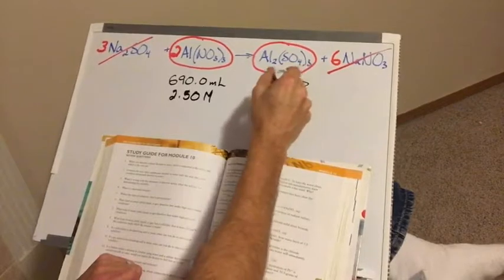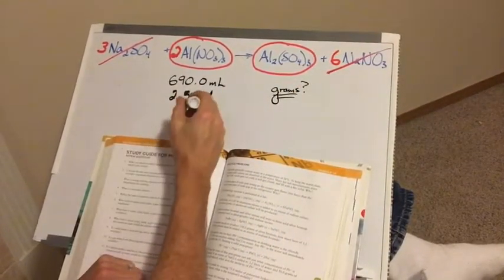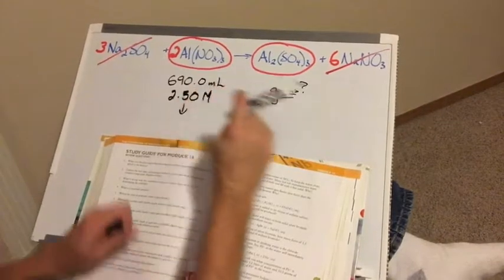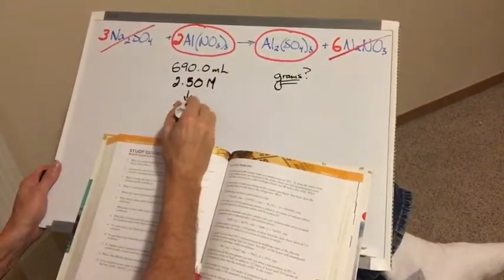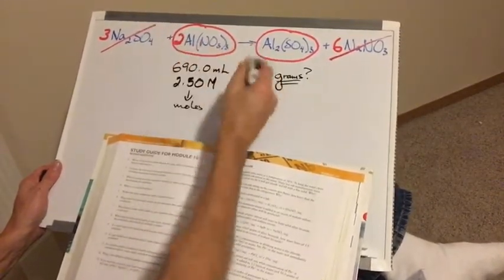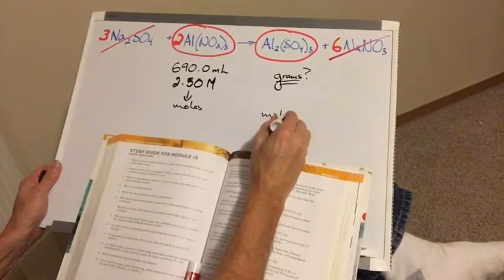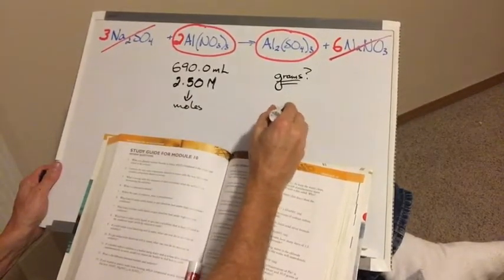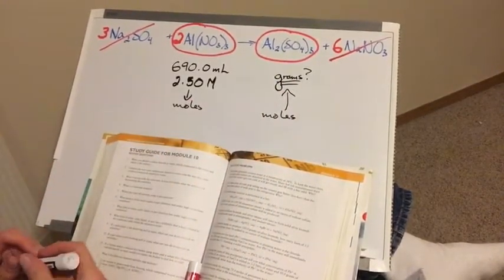So the end of our problem is to find that. To do that we need to take this information and get moles, convert that with that 2-to-1 ratio here to get moles of aluminum sulfate, and then convert that back up to grams, and we have completed our problem.